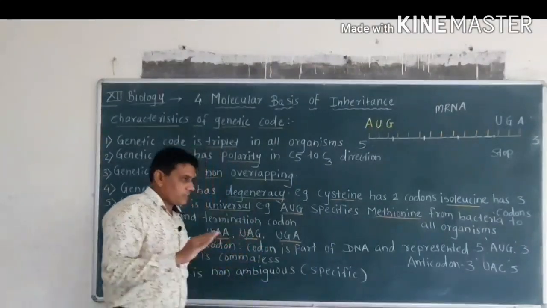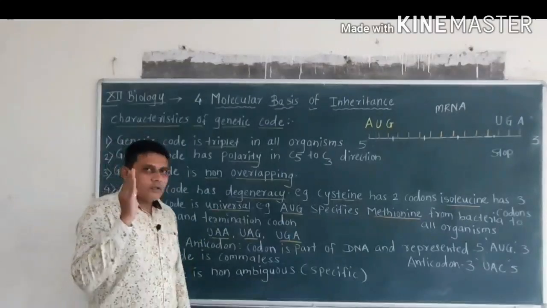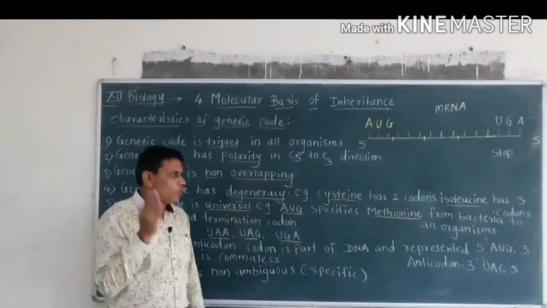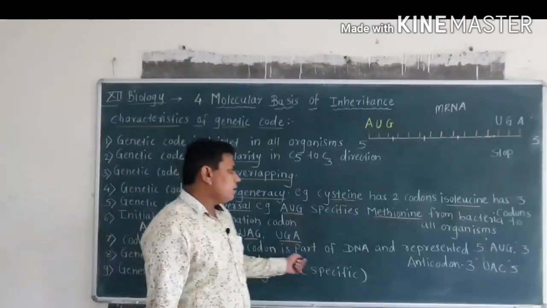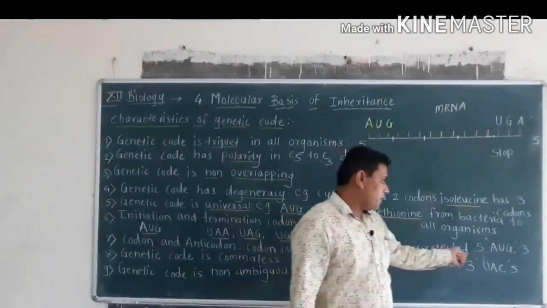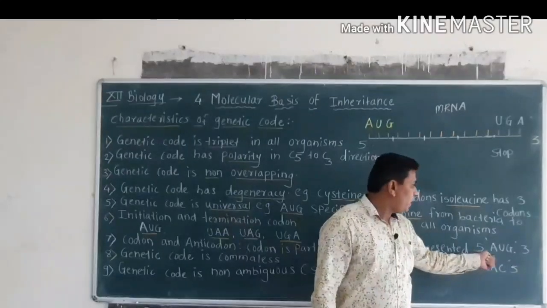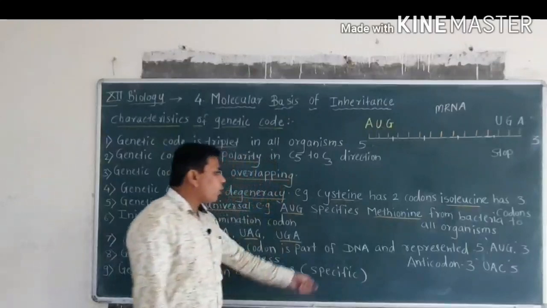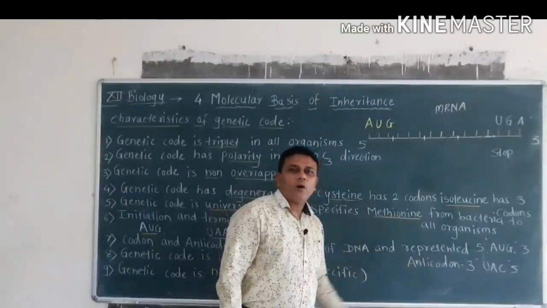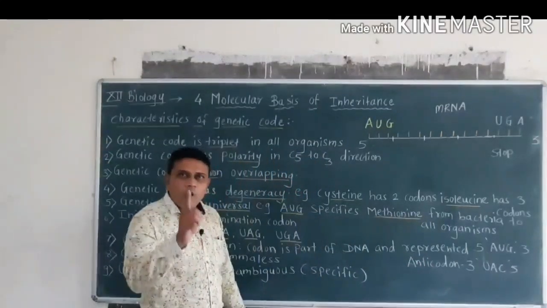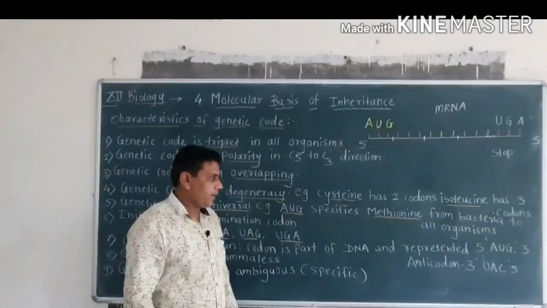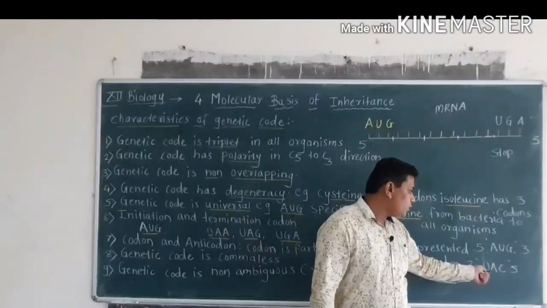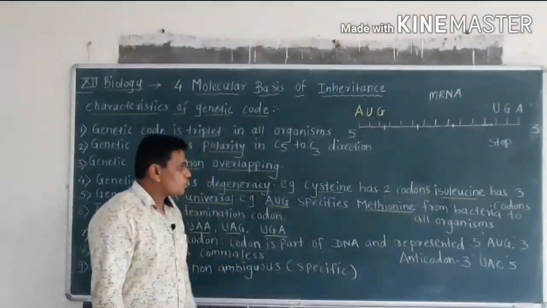But during this process, in messenger RNA, thymine is replaced by uracil and it is represented as 5'AUG3'. Then anticodons are present on the main loop of transfer RNA and it is represented as 3'UAC5'.